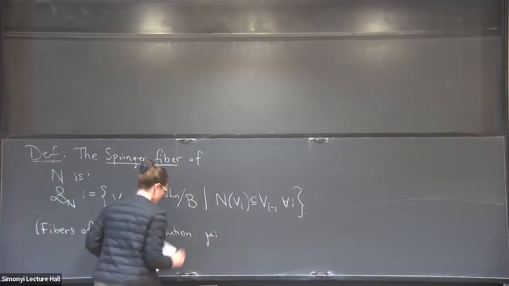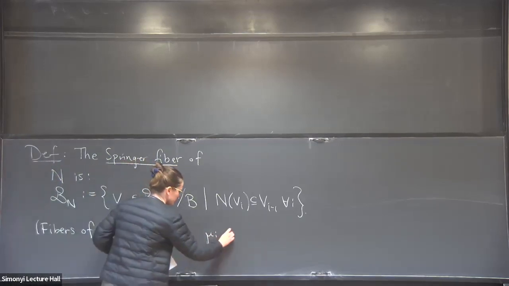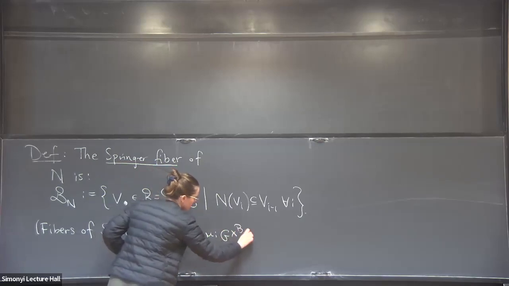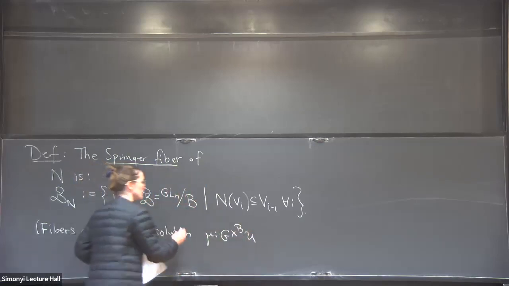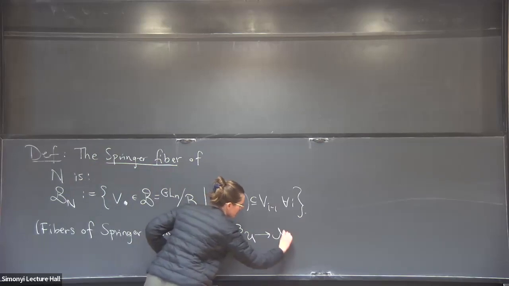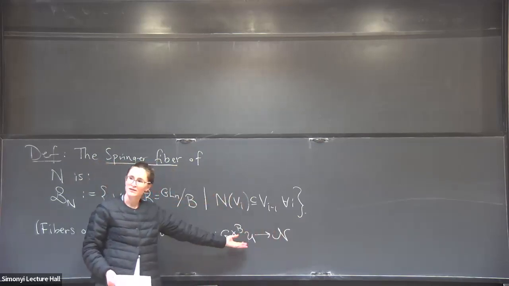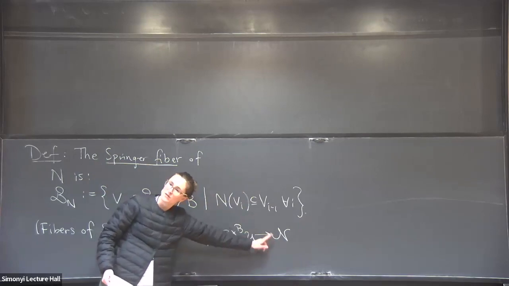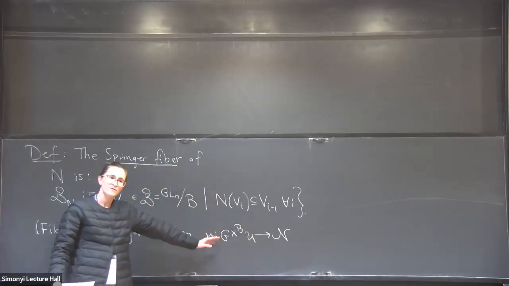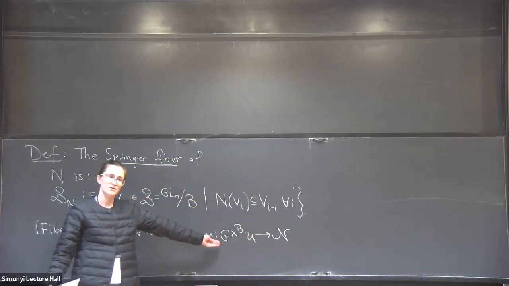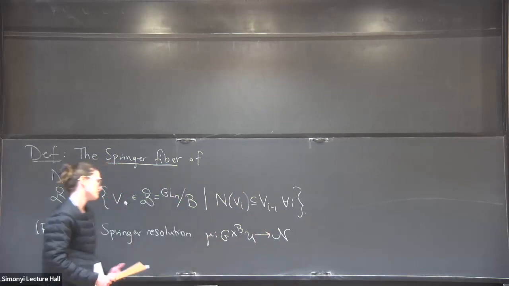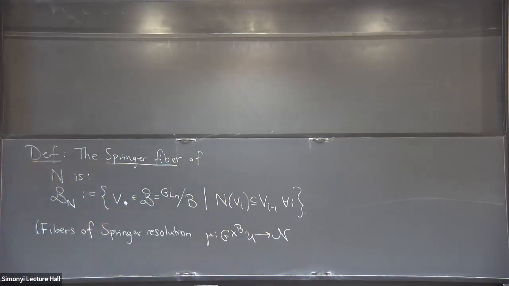This is the map that goes from the mixed space G cross_B upper-triangular nilradical U, projecting down onto the nilpotent cone. And if you tease out these definitions, the fiber over a nilpotent matrix is going to be isomorphic to the flags fixed by that nilpotent matrix. This is the reason it's called a fiber.